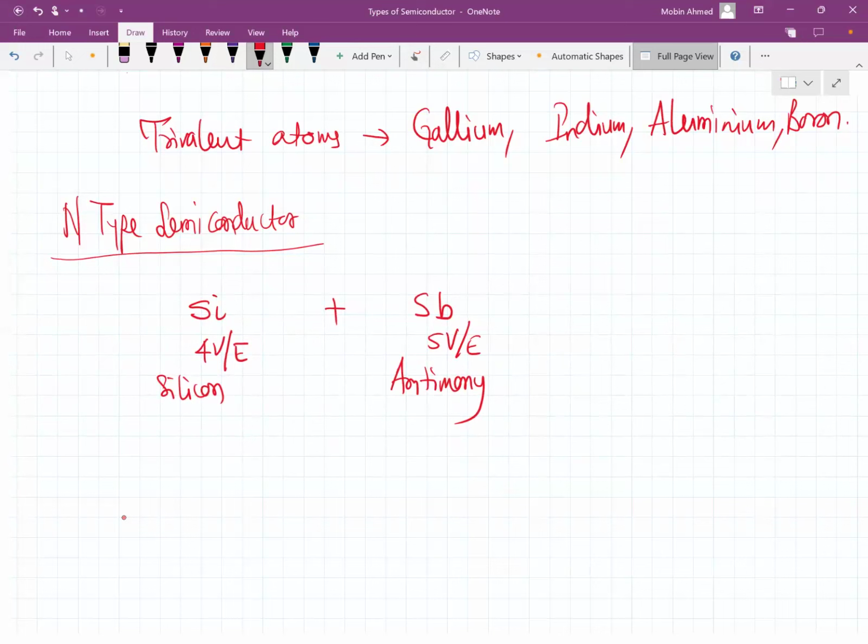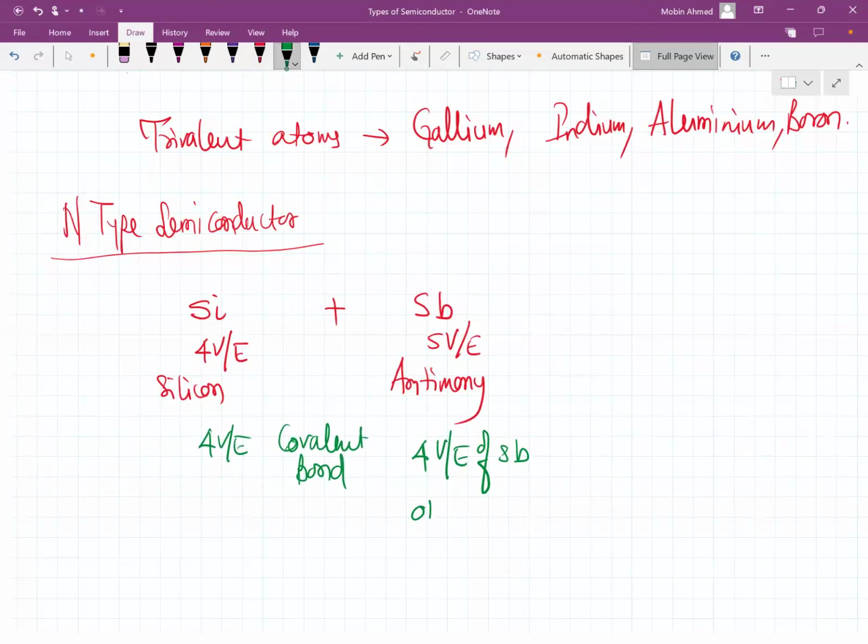If there are 5 valence electrons, 4 valence electrons will make covalent bonds with the 4 silicon atoms. Now just see here, these 4 valence electrons of antimony, Sb, make covalent bonds.